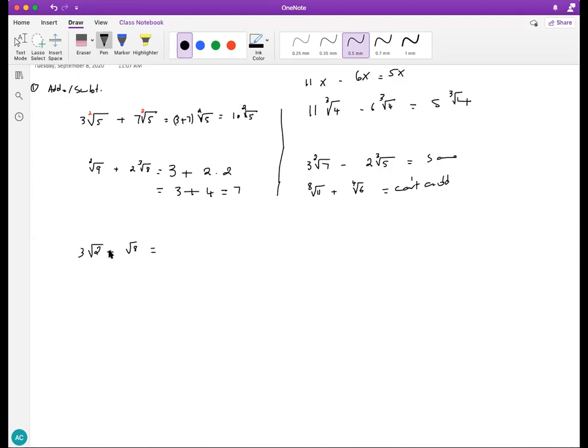So always, if you can't add right away, always try to simplify both radicals first and see maybe you can end up with something like this with the same number here, same index. We can't simplify this much, 3 radical 2, because we can't break 2 down, it stays the same. The index again is invisible, 2 plus.